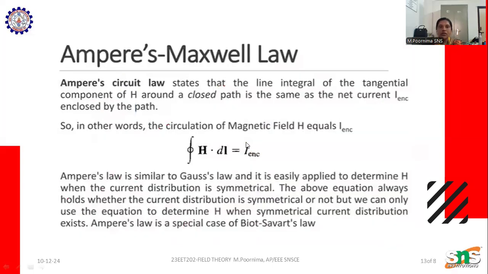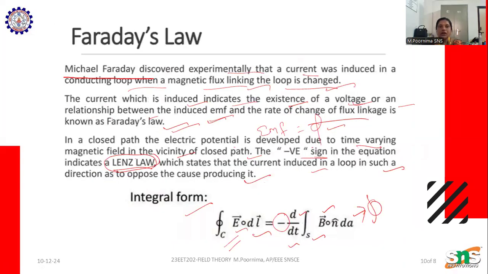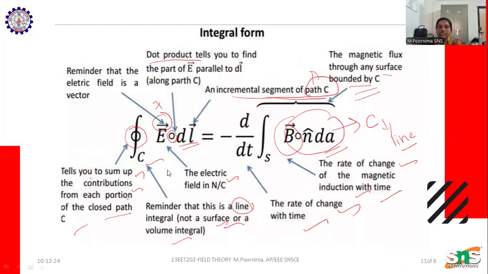Now, in today's class we have seen what Faraday's law is, its definition, and Faraday's law in integral and differential forms. In the integral form, the line integral around the closed path is equal to minus the rate of change with time of the magnetic flux density.